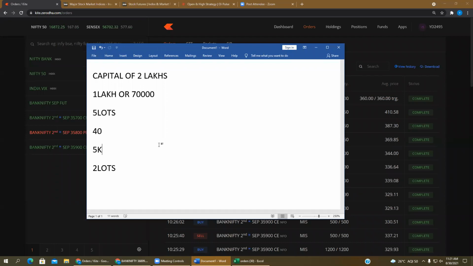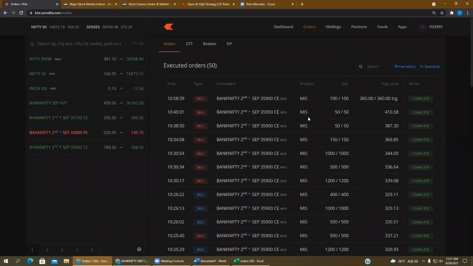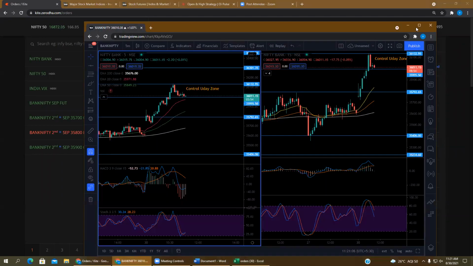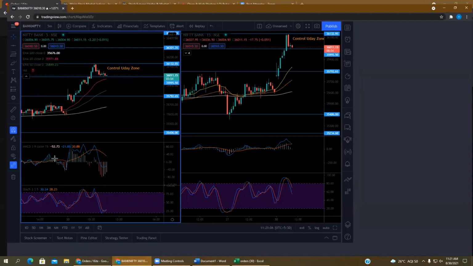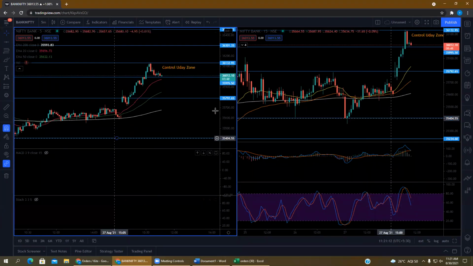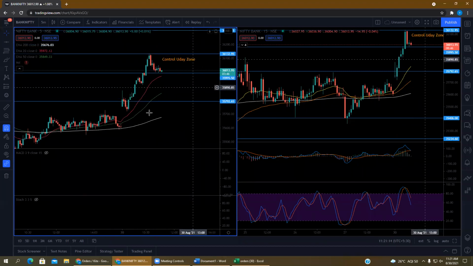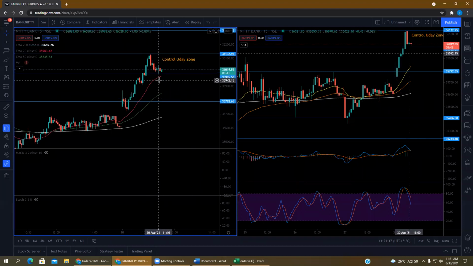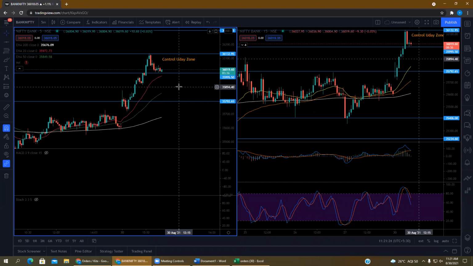Always understand that a setup can be anything. If I just put EMAs and price action, that is also a setup. There are thousands of people who trade just based on price action. Setup can be anything, but what is going to define you as a trader is your psychology.